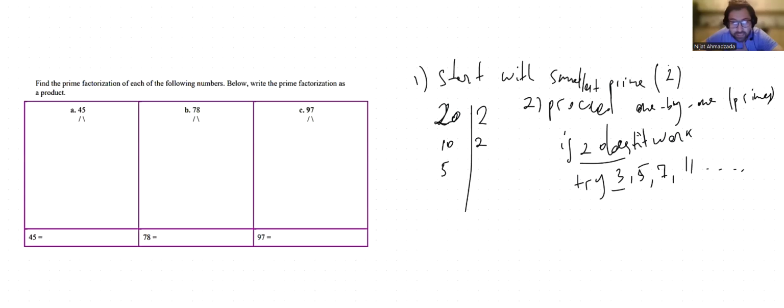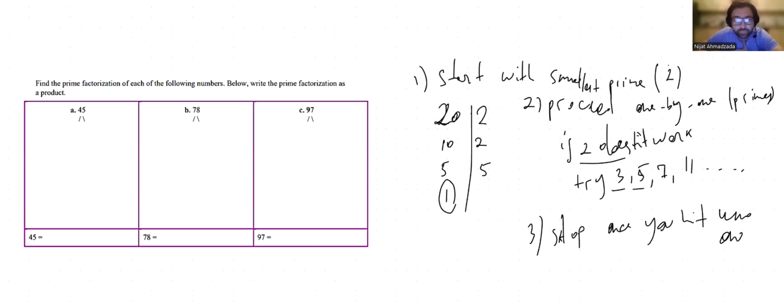No. We try 5. Is it divisible by 5? Yes. The answer is 1. Once you hit 1, step 3, stop. That's it. So this is the prime factorization of 20.